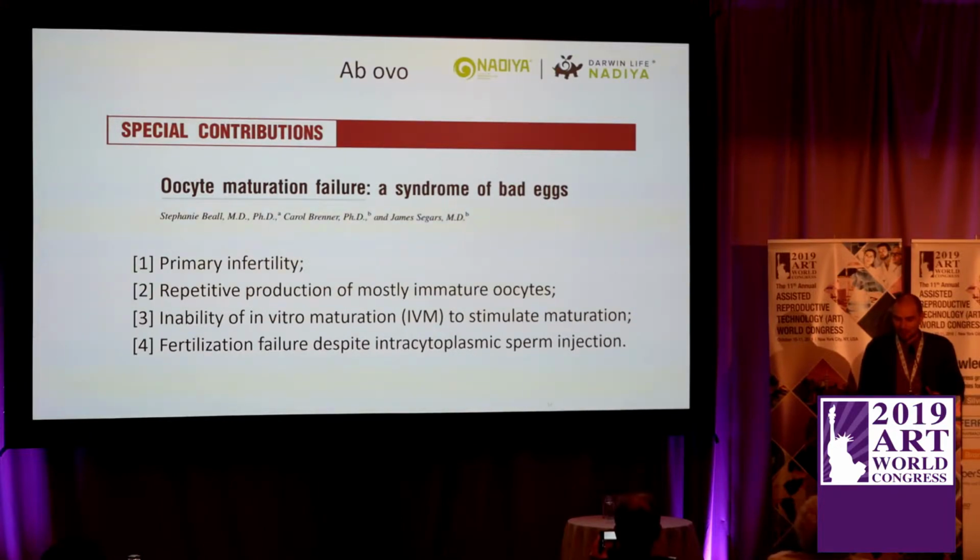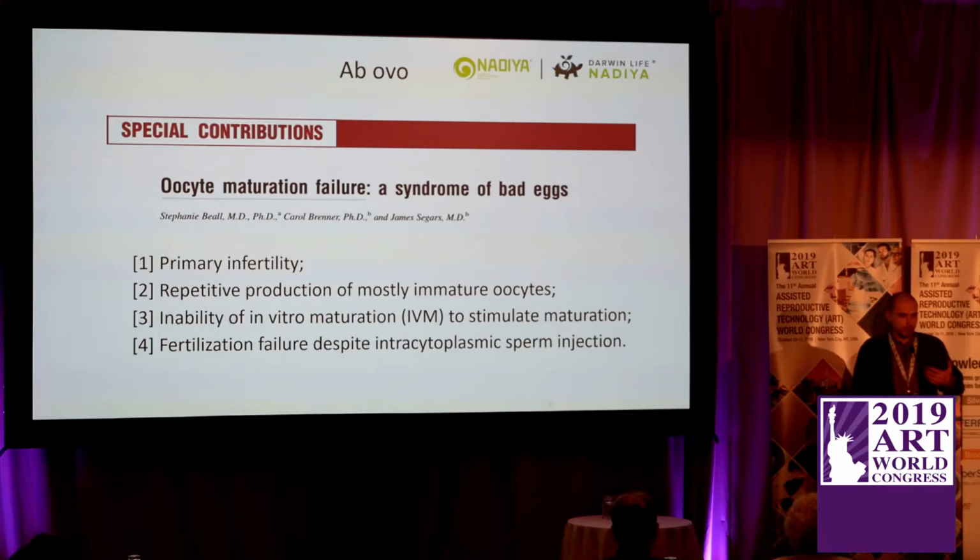So if we have a patient with a recurrent oocyte maturation failure, independent of the stimulation cycle or what our gynecologist says to us, we can see that the patient has only immature oocytes, GVs or M1.